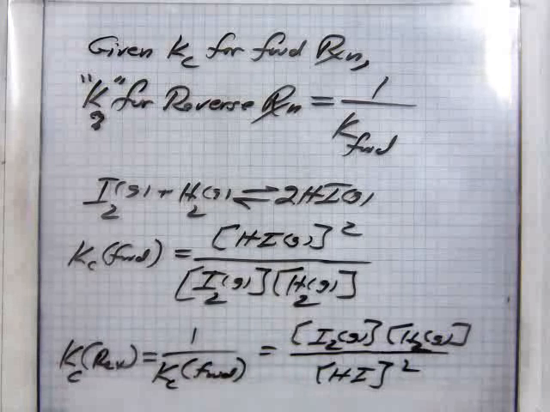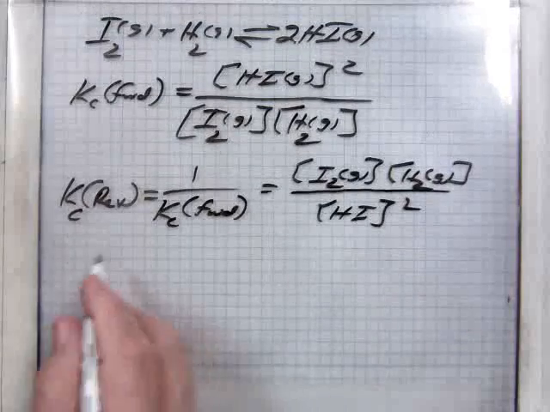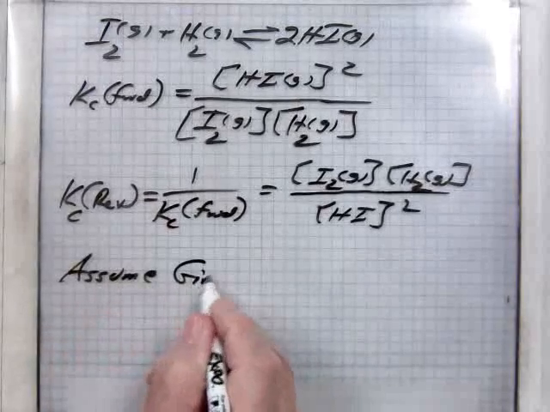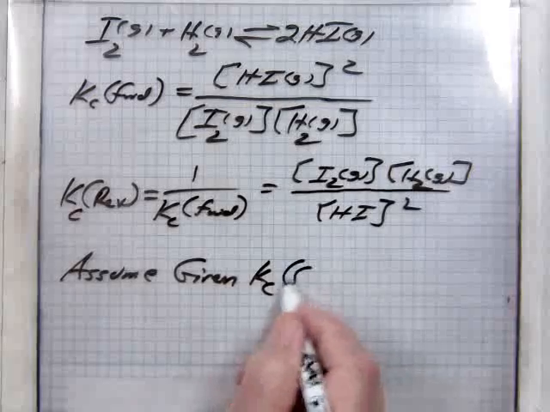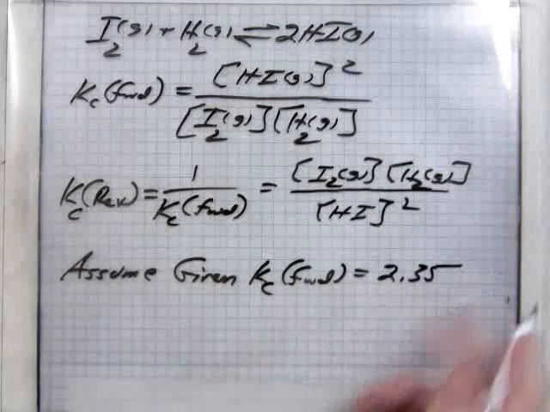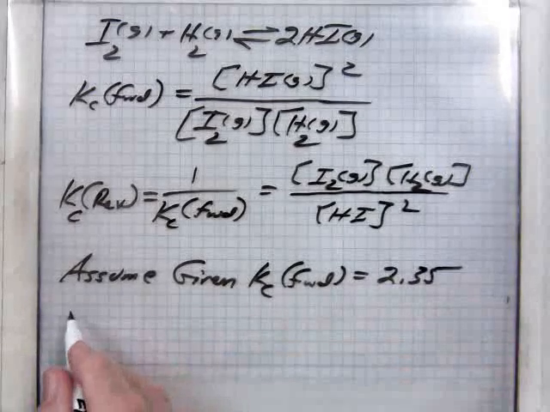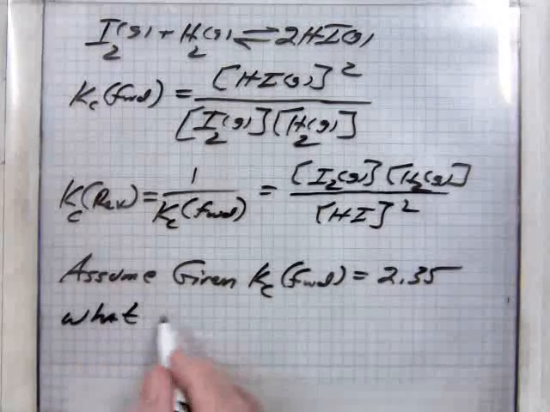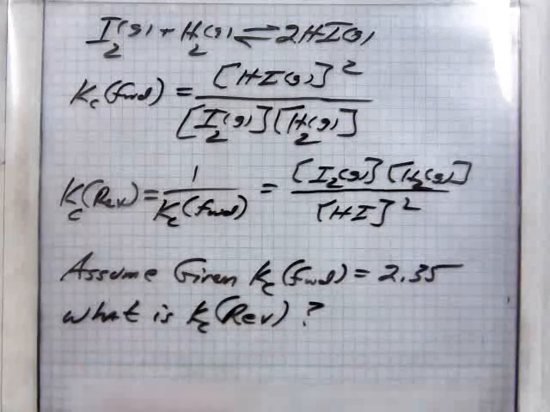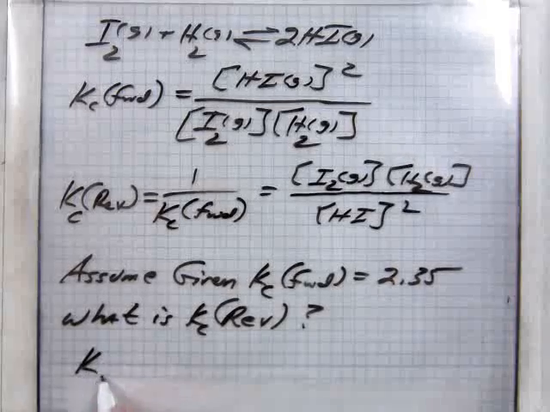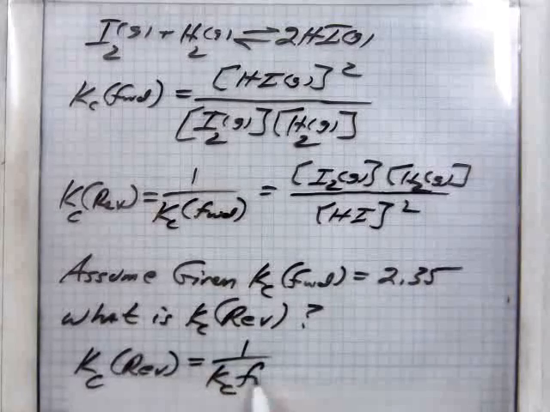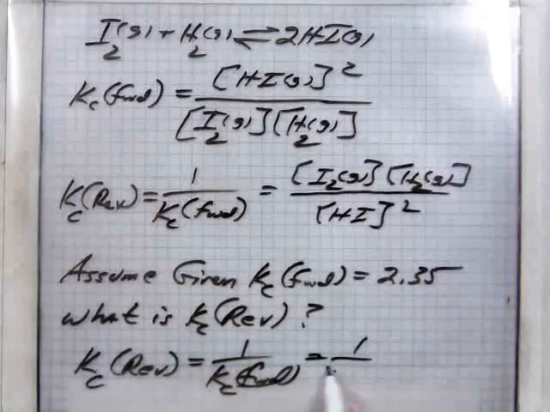Now, problems will come to you like this, though. Let's assume you're given Kc forward equal to, say, 2.35, just a given number. What is the Kc reverse? Well, of course, it's just 1 over that number. So Kc reverse, being 1 over Kc forward, would be 1 over 2.35.